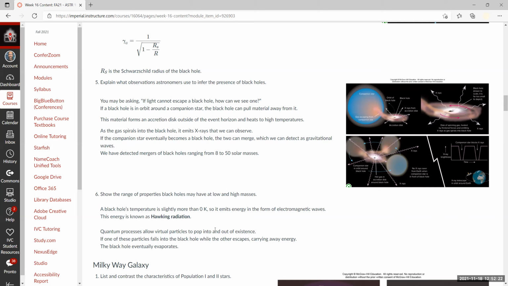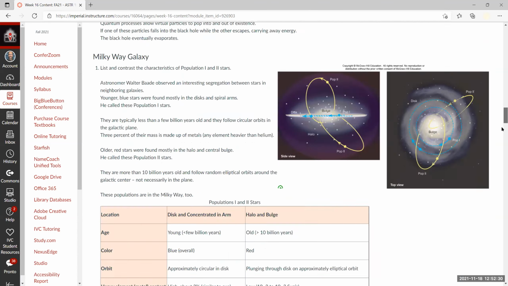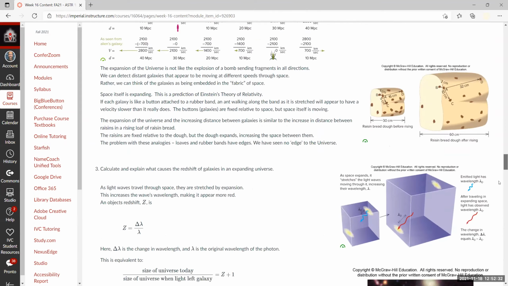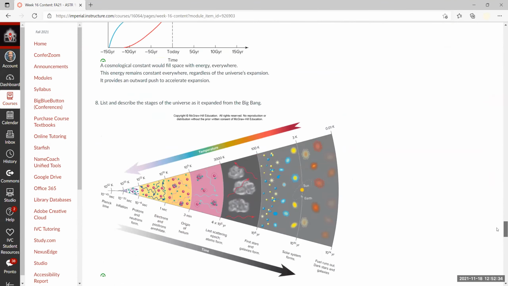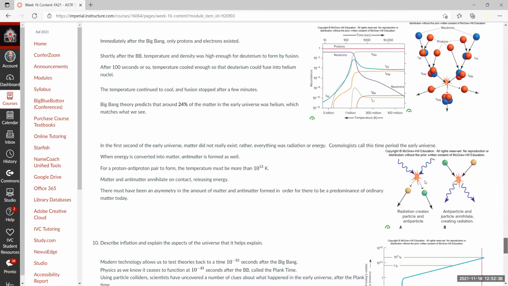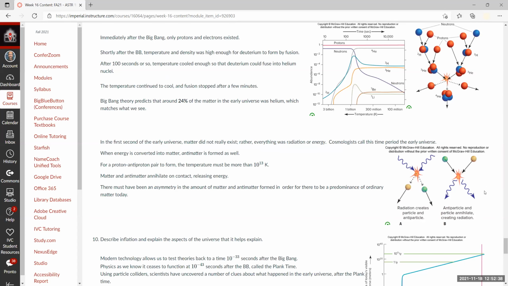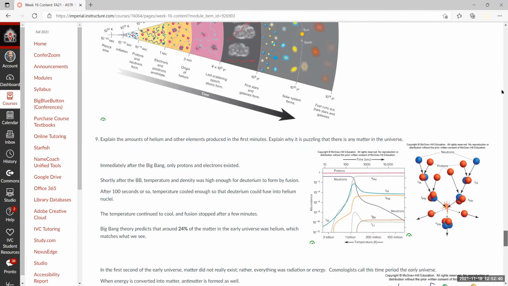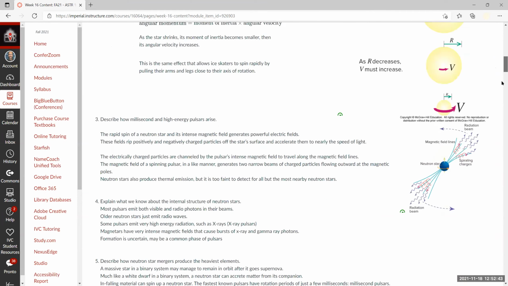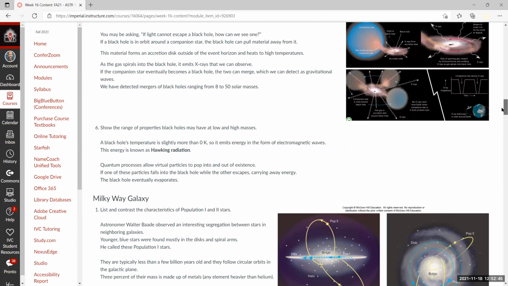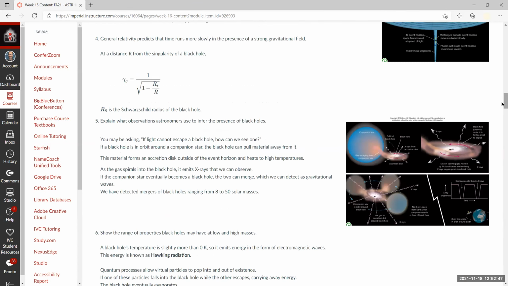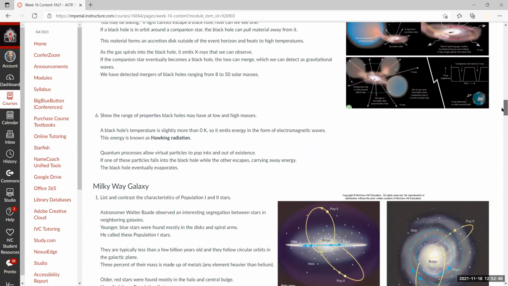As matter is falling in it, at a brief moment, a very brief moment, a pair of matter and antimatter form. We have it in here talking about it. Yes, here. Okay. They form out of nothing because of the Heisenberg uncertainty principle. That's basically what the Hawking radiation is.